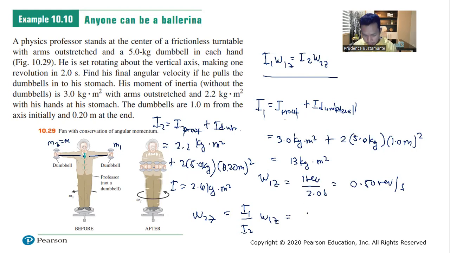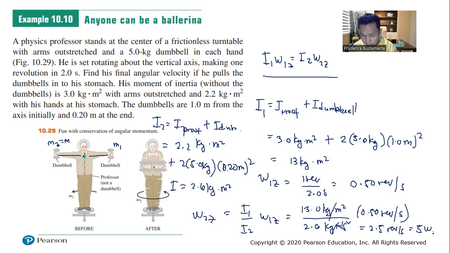Summing up, 13.0 kilogram meters squared over 2.6 kilogram meters squared, times 0.50 revolution per second, is equal to 2.5 revolution per second, or around 5 times omega 1z. So this is how to calculate this.